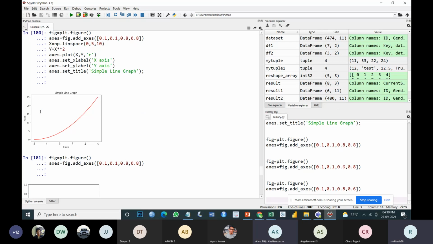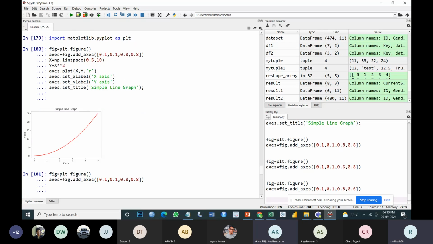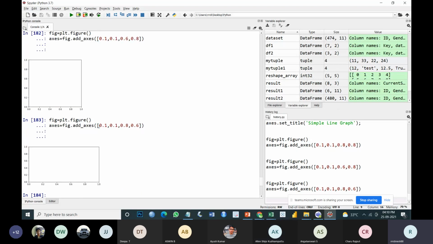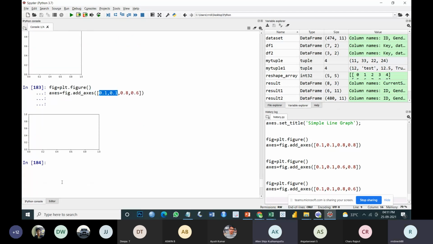Sir, then what is the significance of the 0.1? The 0.1 and the 0.1 are constants. It is always a standard value for drawing the diagram. Okay, sir. So after each statement, you are pressing Enter, and that's why the graph is showing, right?